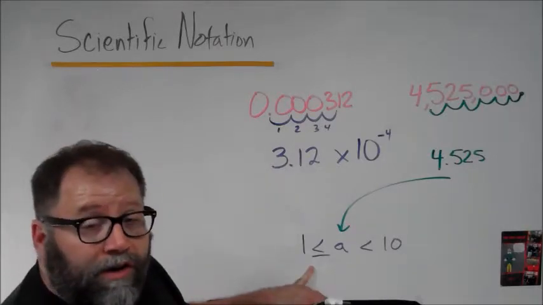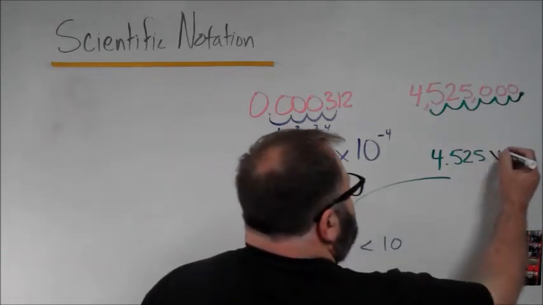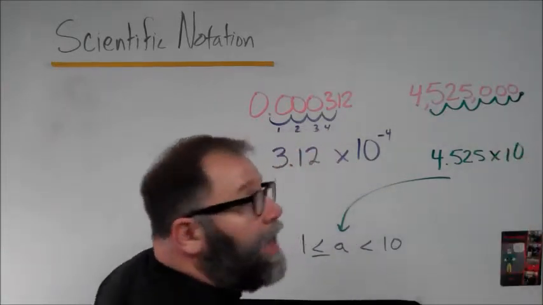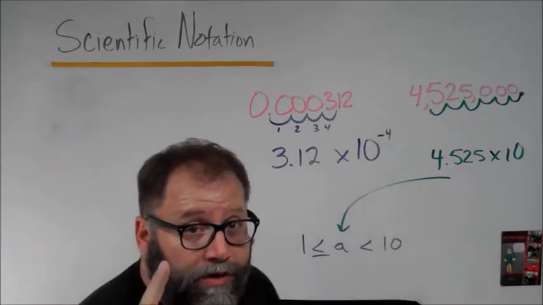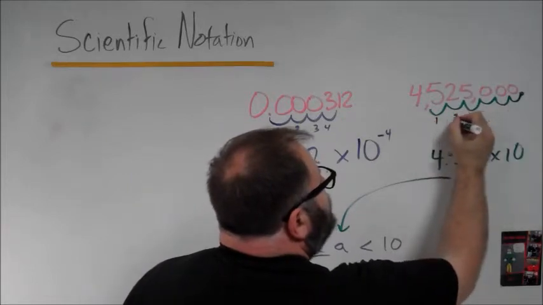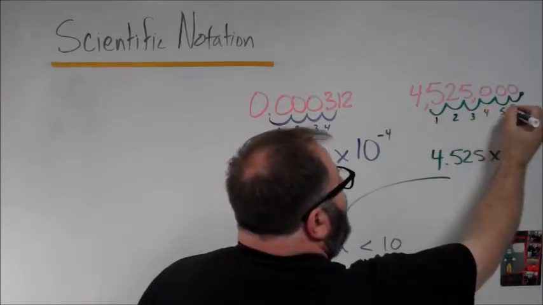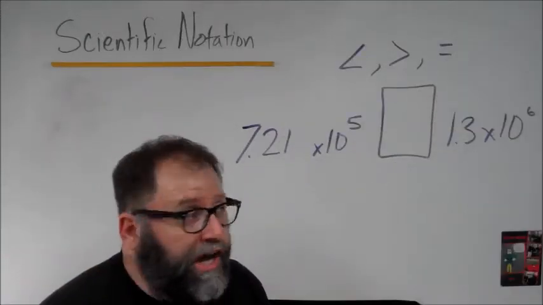It's greater than or equal to 1, less than 10, times 10 to the what? Are we representing a big number or a small number? This is a big number, so we're going to use a positive exponent. It is 1, 2, 3, 4, 5, 6. 10 to the sixth.